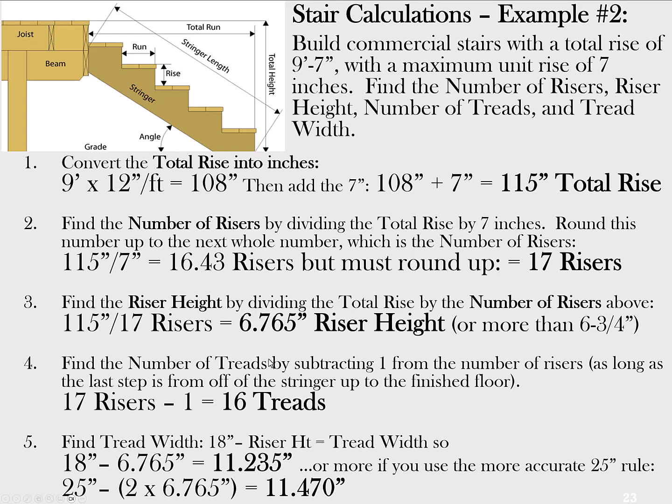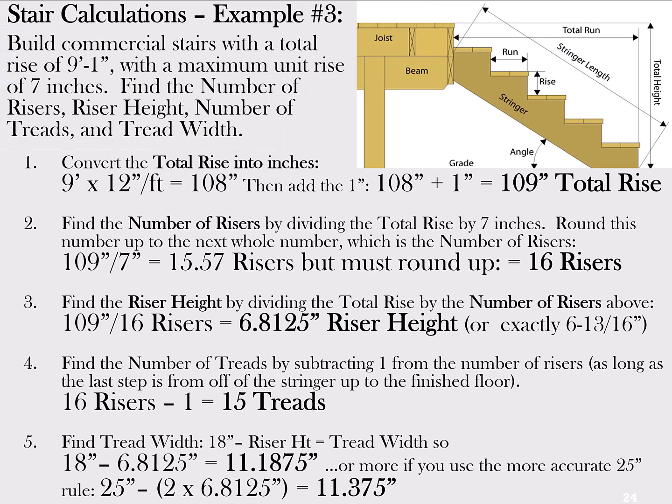And if you want to find the tread board width, you would take 18 inches minus this, or you take 25 inches minus twice the riser height. And you see there's a little difference again there, but even in this case it's less than 1/4 inch. So that was example 2.